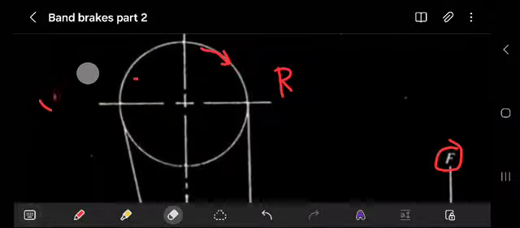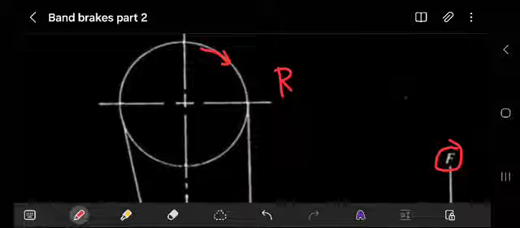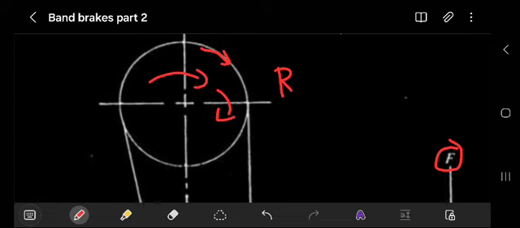So this is clockwise. So you can see this will rotate clockwise. I said T2 will oppose the direction of rotation. So remember, this is rotating like this, so T2 will oppose this direction.